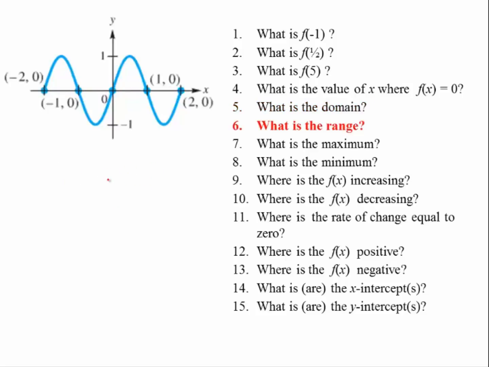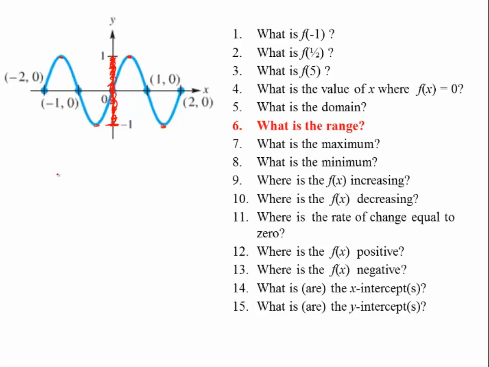Number 6, what is the range? Now we go to the y-axis. We see we have a minimum value here, negative 1, and a maximum value of a positive 1. So all y values in between negative 1 and 1 have a spot on this graph.